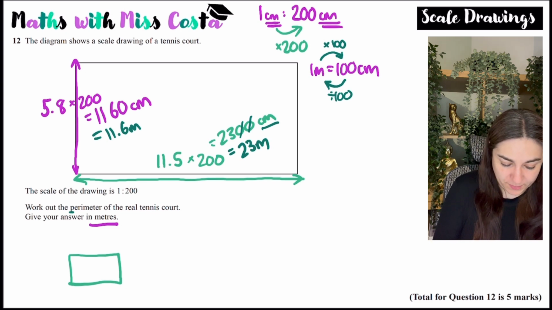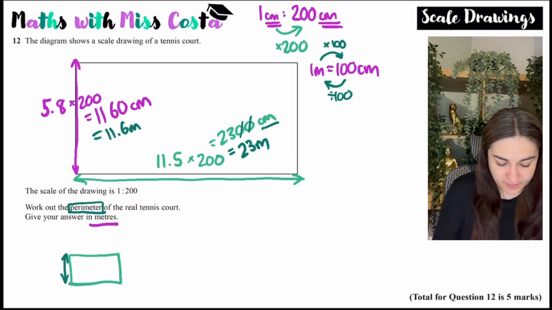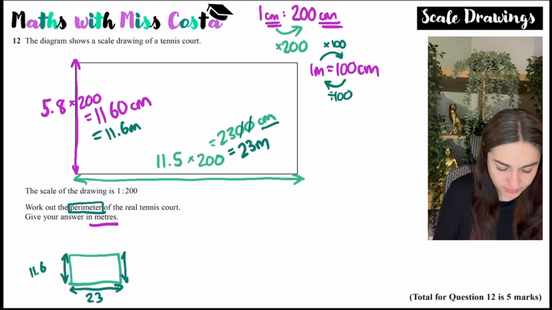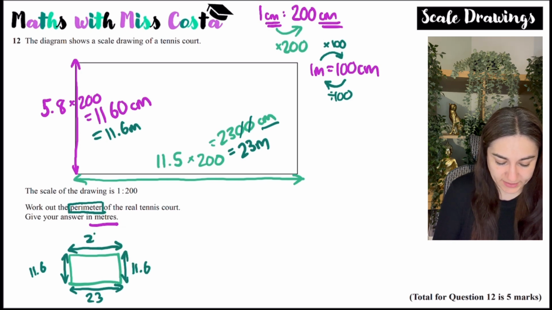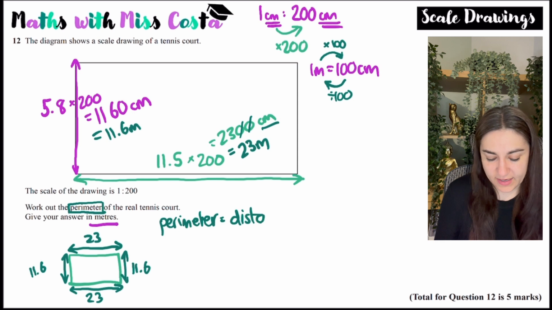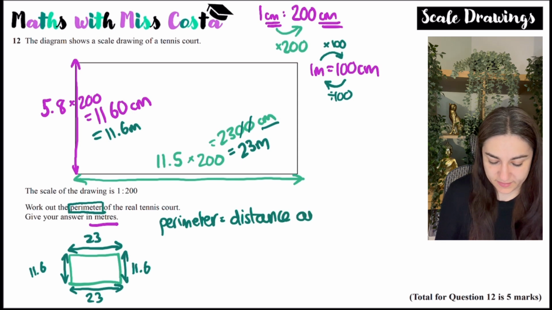So what does perimeter mean? Perimeter means the distance around the outside of the shape. So I know that this length here is 11.6, this one here is 23, and because it's a rectangle, opposite sides of a rectangle are equal. So this side is also going to be 11.6 and this side is also going to be 23.